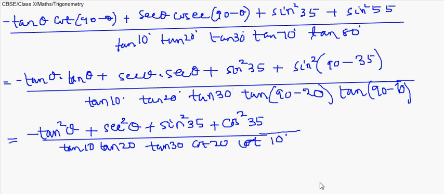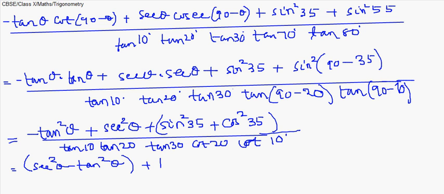Now look at the numerator. I can simply rearrange the writing, so it becomes sec square theta minus tan square theta, and this one will be put into a bracket, and the rest is again sin square 35 plus cos square 35, that was giving a 1.